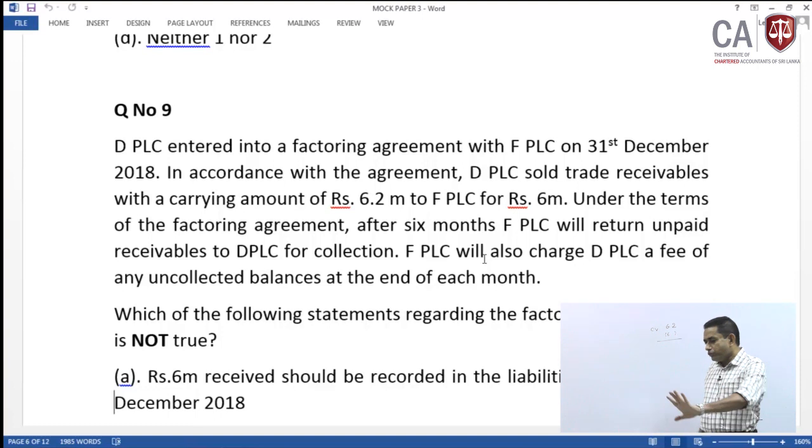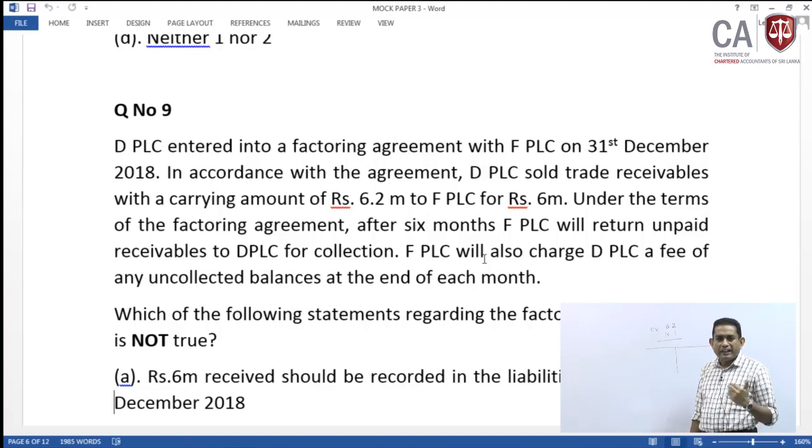Now, if you go through the contents of the question once again, basically this is from the financial instrument derecognition part. There are multiple instances where financial assets are derecognized, and we discussed some of them in our previous webinar series.